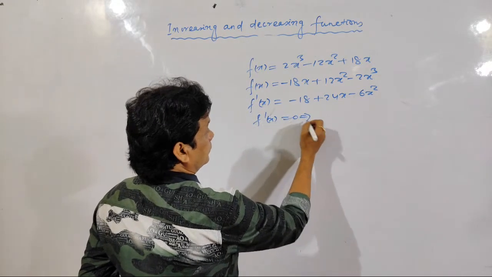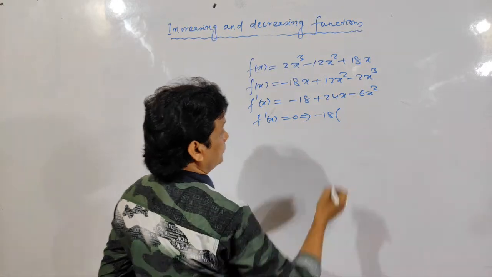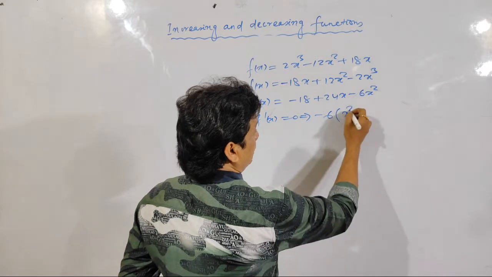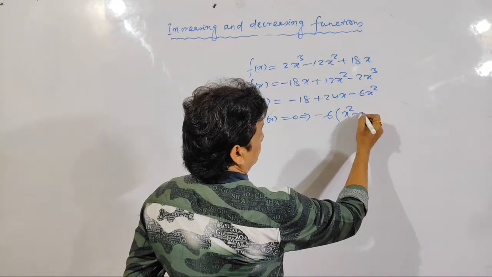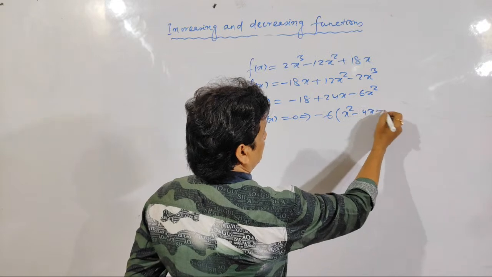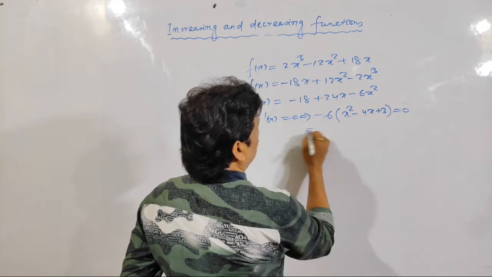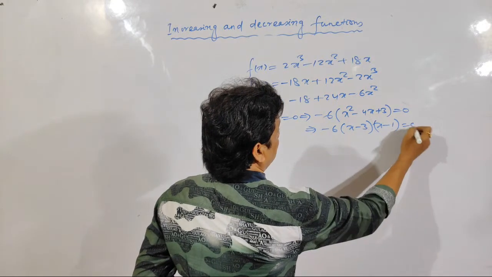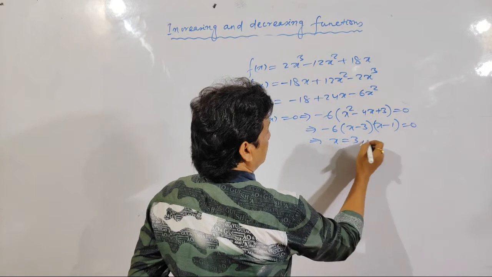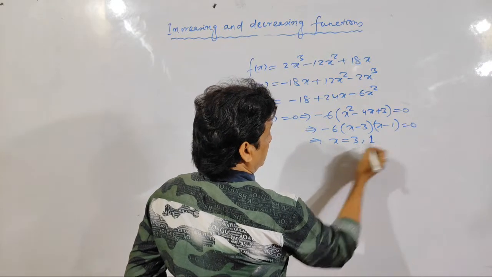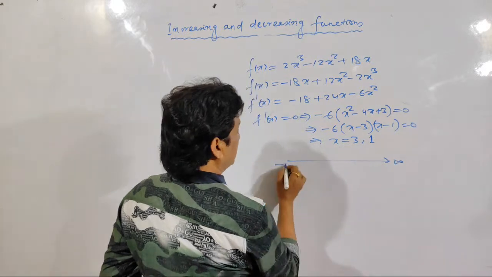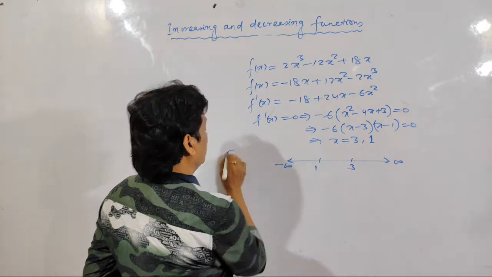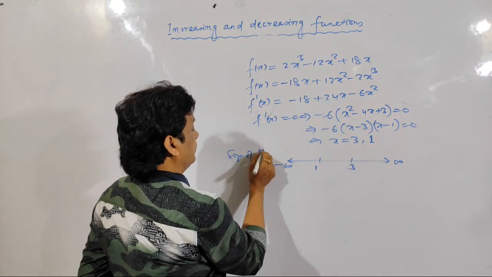So f dash x equal to 0. Take minus 6 common. So x square minus 4x plus 3 equal to 0. That means minus 6 into x minus 3, x minus 1 equal to 0. So x is equal to 1, x is equal to 3. Then draw minus infinity to infinity, with x is equal to 1 and x is equal to 3. Now you should write the sign of f dash x.